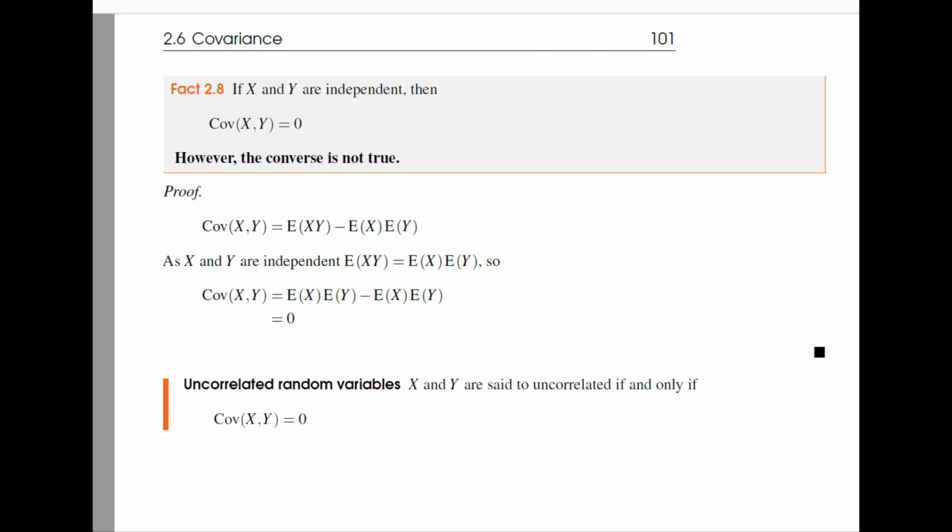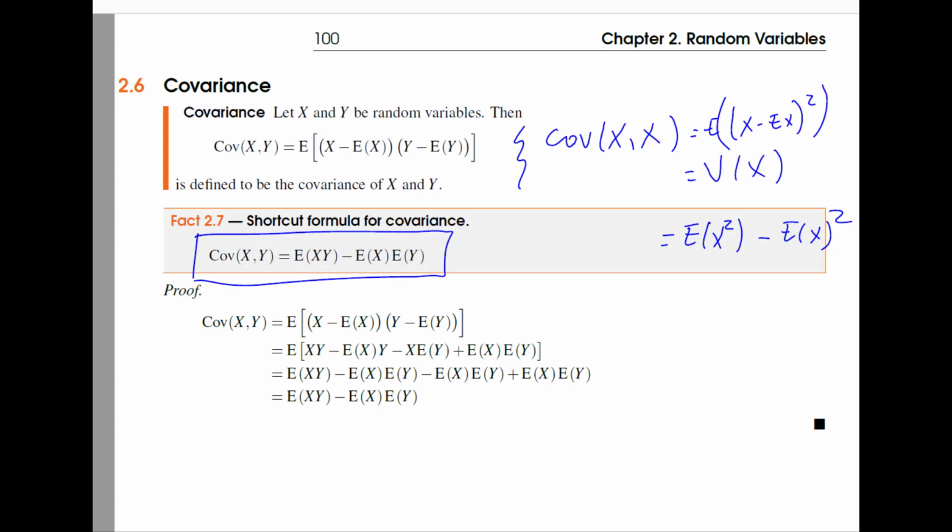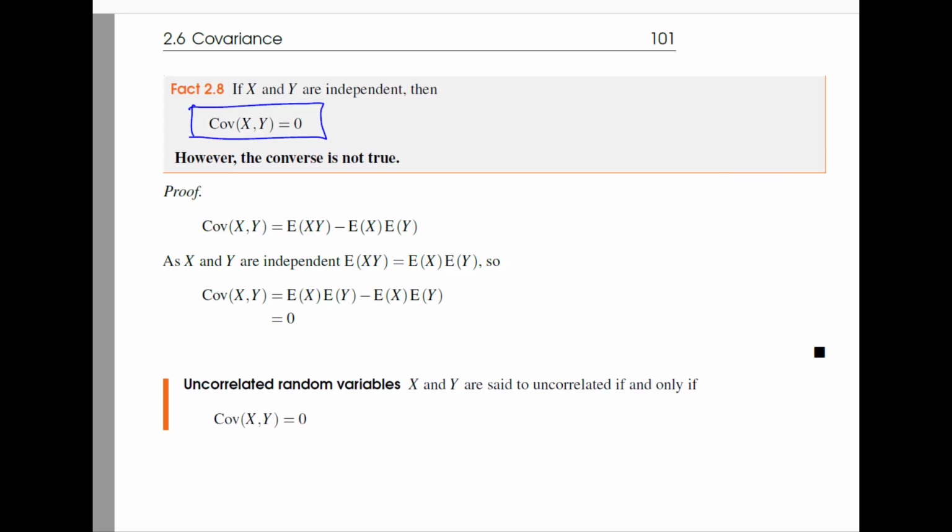So when these variables are independent, it turns out that the covariance is 0. Again, it's because these two terms are the same when x and y are independent. Now you've got to be very careful that the converse is not true.